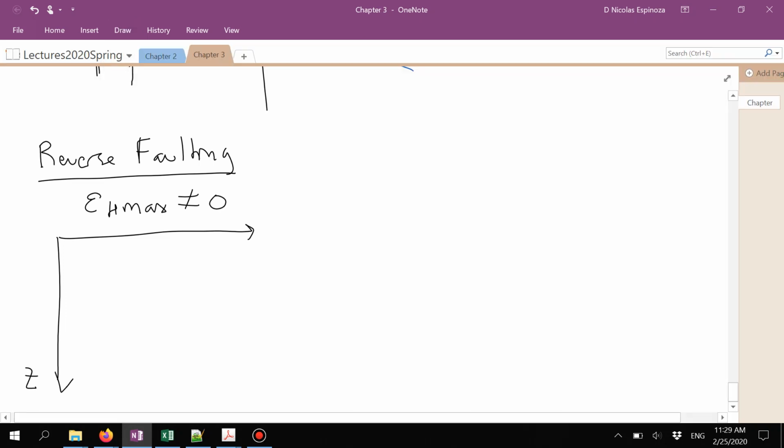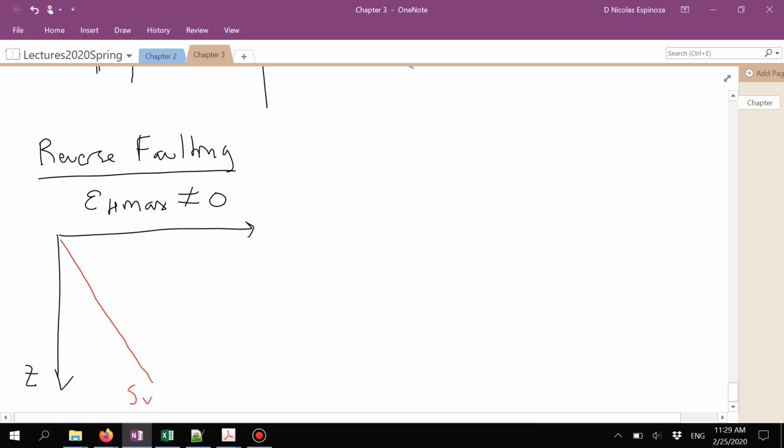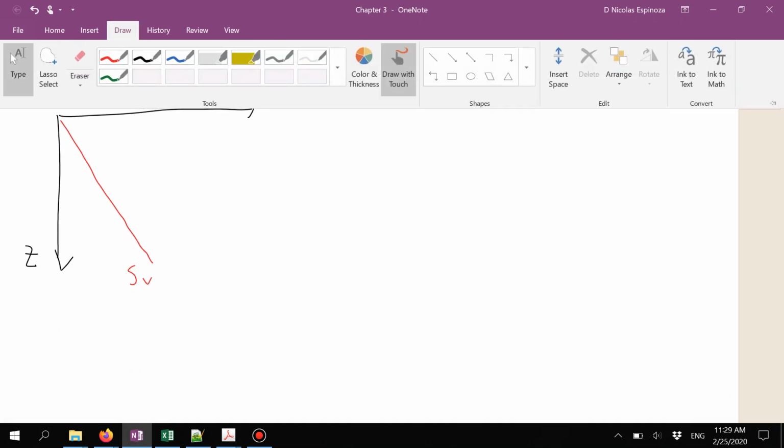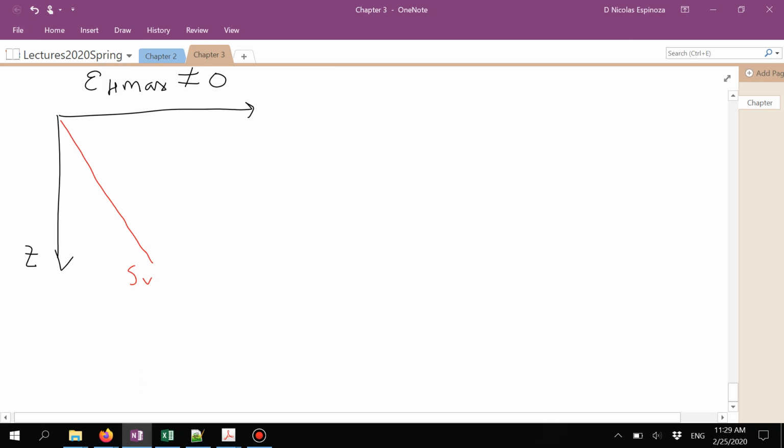And what the tectonic strain caused was the horizontal stress to be higher than the vertical stress. So let me plot this. Let's say that this is vertical stress over here, and that our horizontal stresses are somewhere over here.